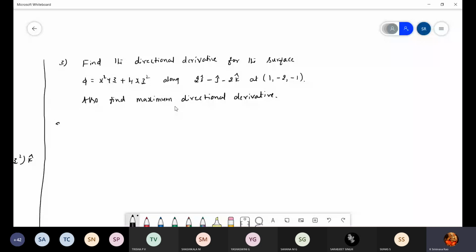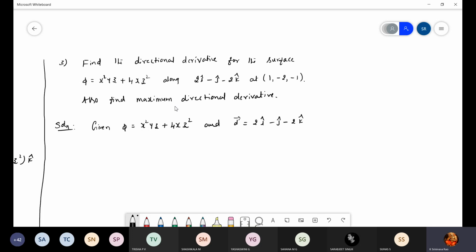Given phi equals x square yz plus 4xz square and d equals 2i minus j minus 2k.